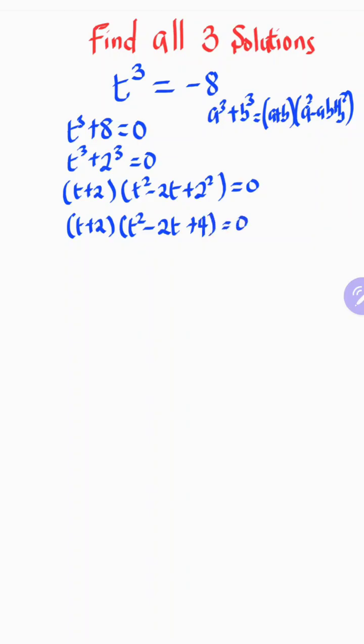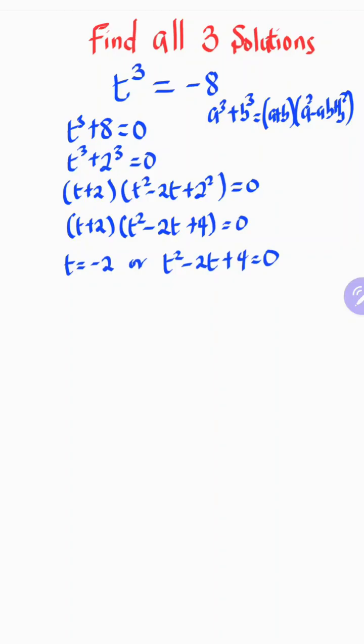Now we have two different equations here, where we can have t equals -2, or t squared minus 2t plus 4 equals 0, which forms a quadratic equation.